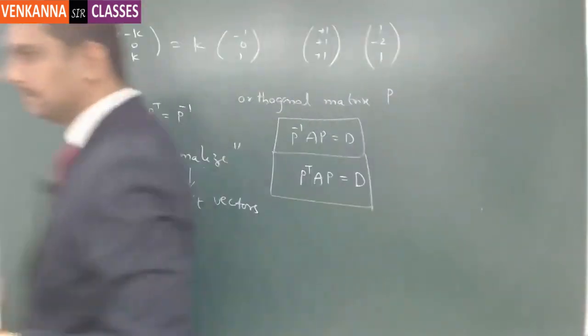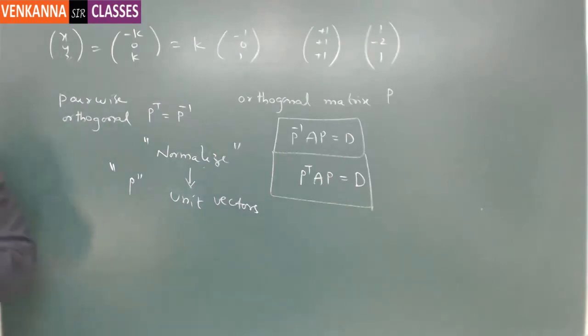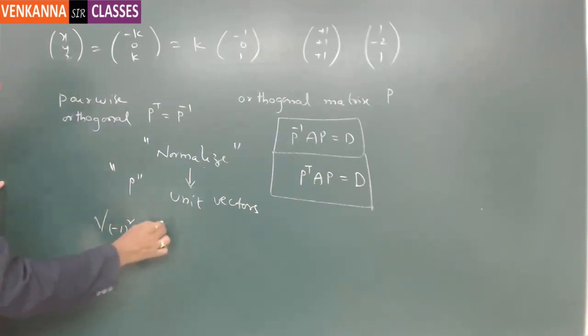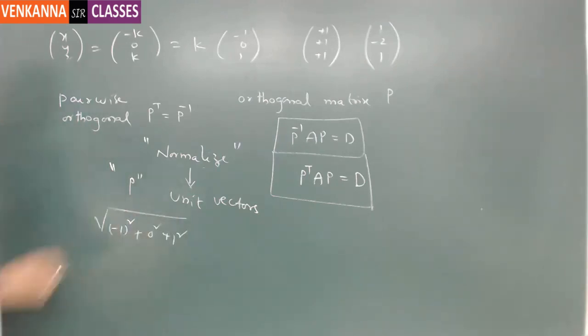Did you observe? So they are pairwise orthogonal. In order to get a unit vector, we divide the vector by its length, the magnitude. For the first vector, we divide by the square root of minus 1 whole square plus 0 square plus 1 square.